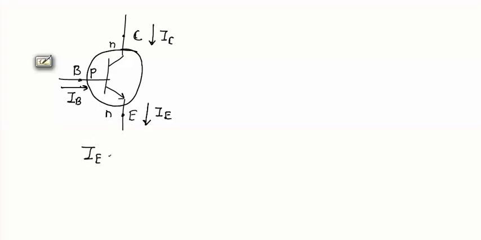For this transistor, the actual direction of emitter current IE will be in this direction, and collector current will flow in this direction, while base current will flow in this direction. If we consider this BJT as a junction, then total outgoing current should be equal to total incoming current. According to KCL equation, total outgoing current, that is IE, should be equal to total incoming current, that is IB plus IC.